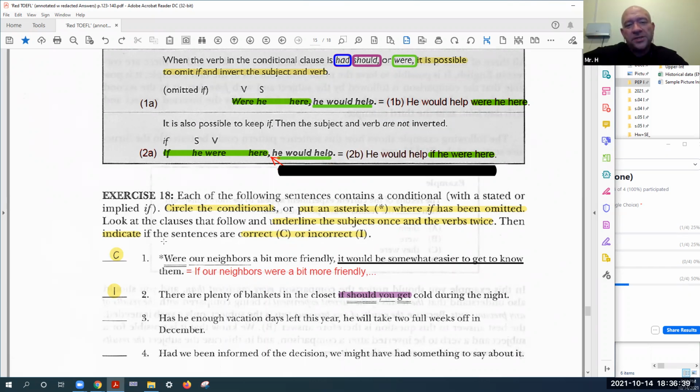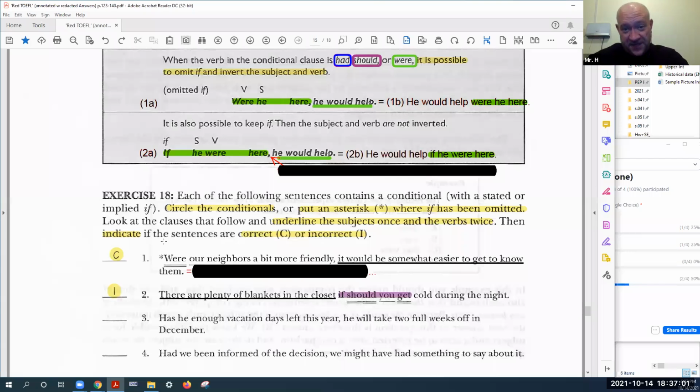And where's the main clause in this? The main clause? I think the main clause is there are plenty. Yes, the main clause has no connector, right? So the main clause: there are plenty of blankets in the closet. Okay, so yeah, you are right.